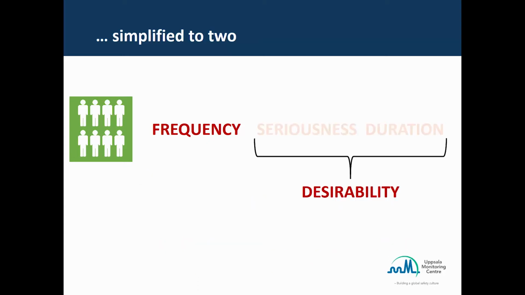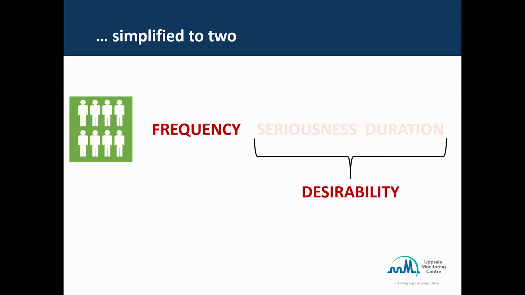So what I will do now is I'll simplify this slightly, at least on the surface, and I will replace seriousness and duration with a single concept that I call desirability. And by that I mean how desirable, or in some cases undesirable, is a certain effect, and that will depend both on its seriousness and on its duration.